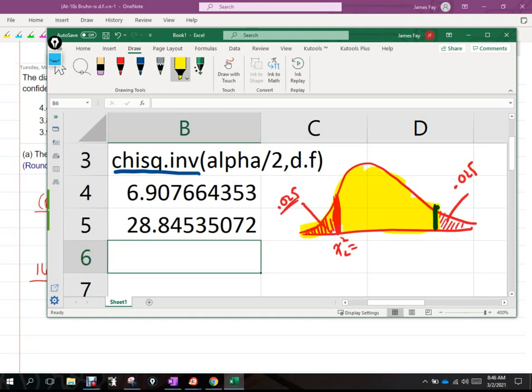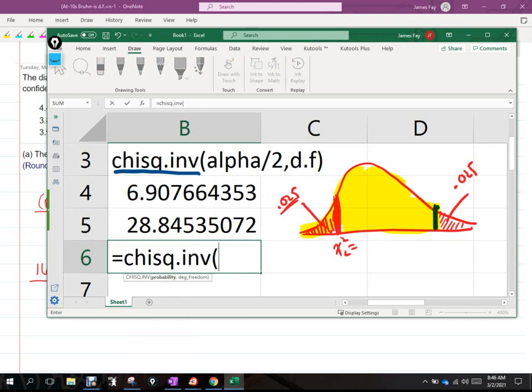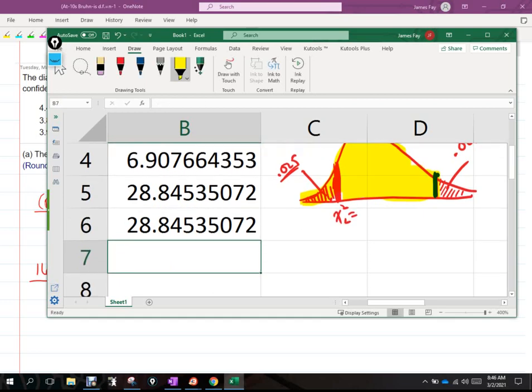Okay, that's the chi-squared right value. You can see if I would have done it differently, if I would have done chi-squared.inv and done 0.975, comma 16, is it the same 28 number? Okay, so I'm going to grab those two values, 6.9 and 28.8.